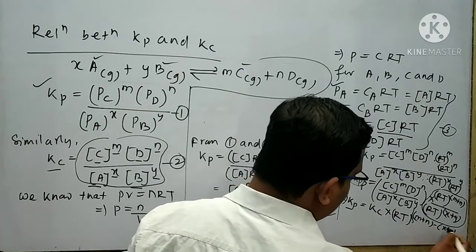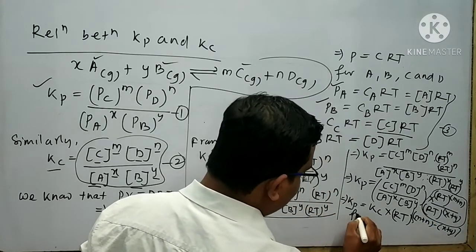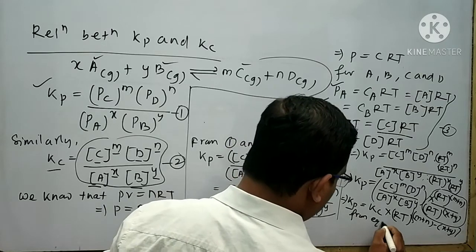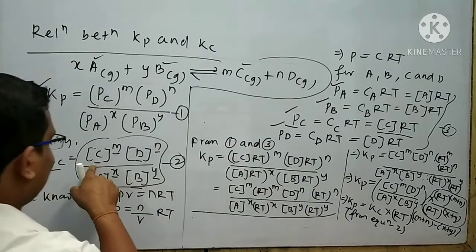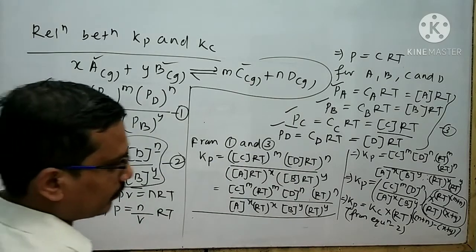Here I can write from equation 2 because the value of Kc is written in equation 2.